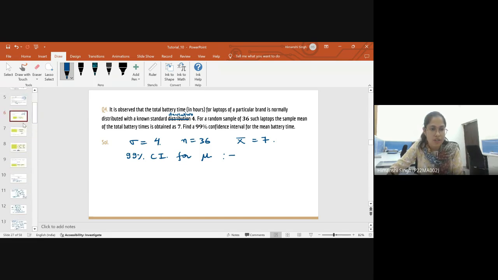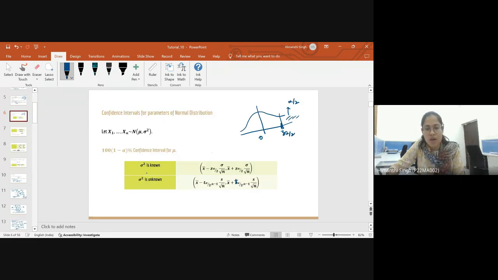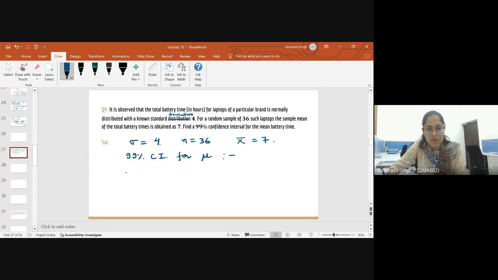As I have already mentioned, when sigma square or sigma is known, the confidence interval will be x bar minus z alpha by 2 sigma by root n to x bar plus z alpha by 2 sigma by root n.